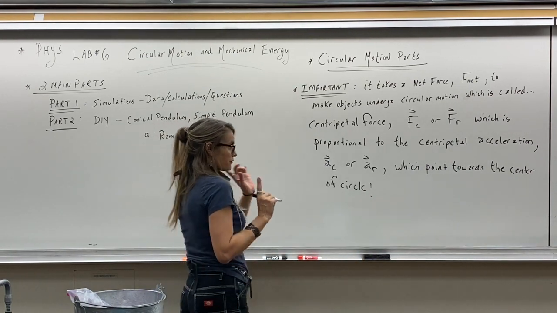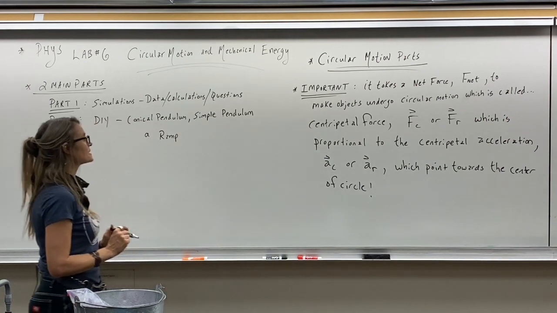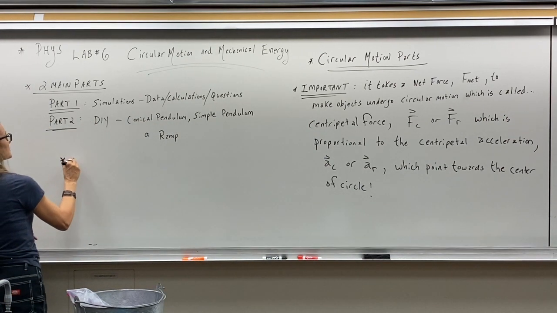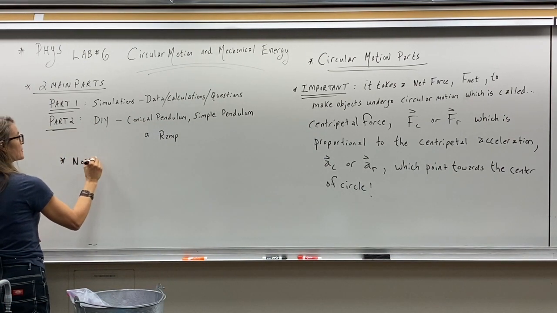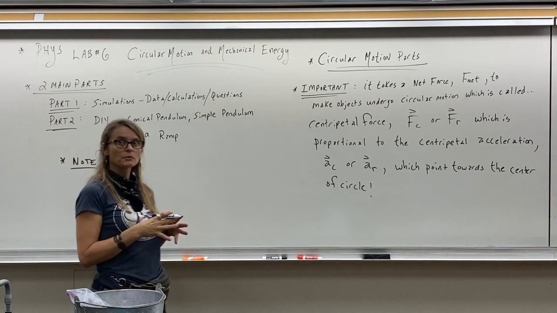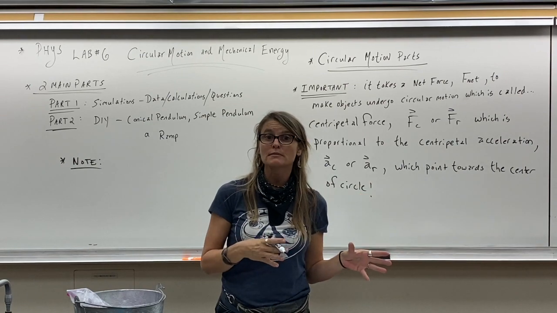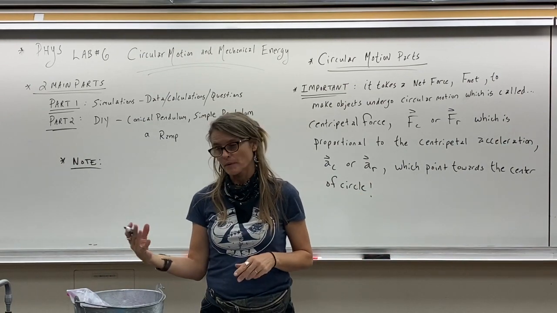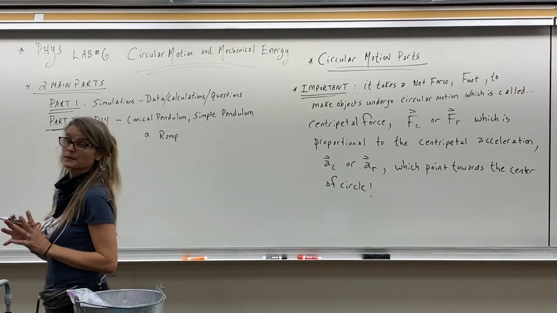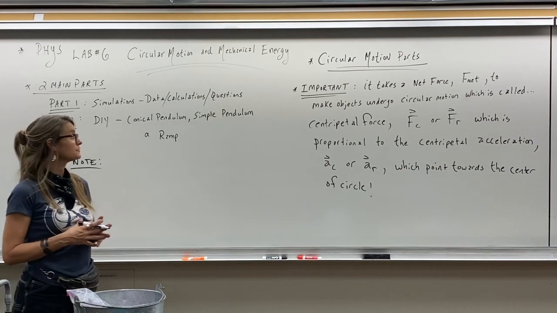Before I get to that, there are two main things you want to be aware of. Note there are two types of circular motion. We want to break down every problem into the category of being uniform circular motion or non-uniform. We're going to concentrate on the uniform because the non-uniform can get quite difficult.